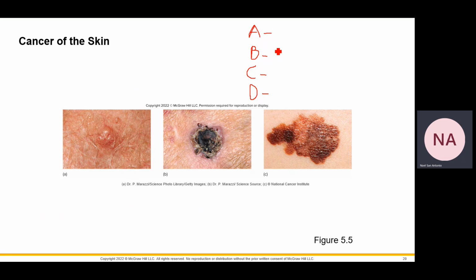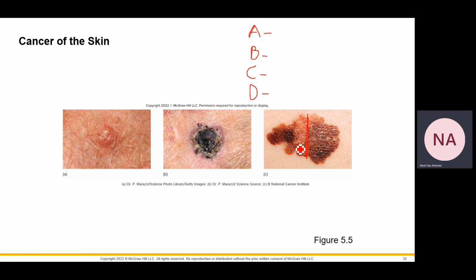Ang malignant melanoma daw, unlike an ordinary mole, malignant melanomas have asymmetric shape. Asymmetric naman talaga to. When you say asymmetric, when you draw a line dividing the pigmented spot into two halves, kita mo yung kalahati iba yung shape sa kalahati.